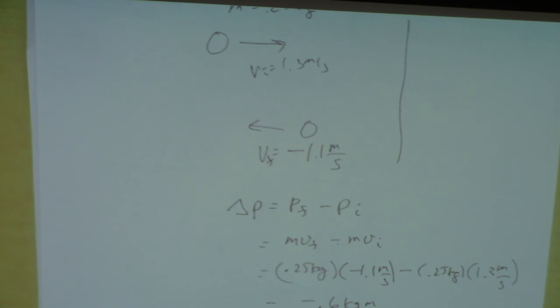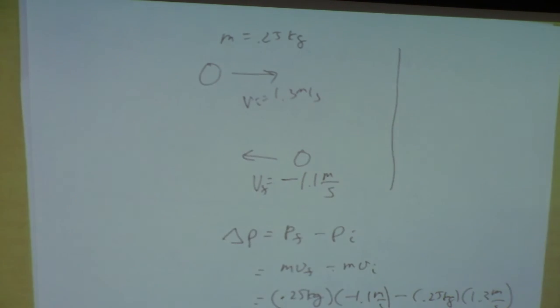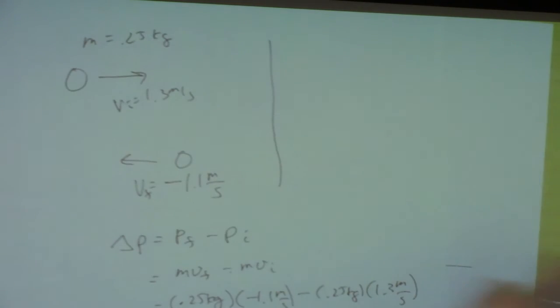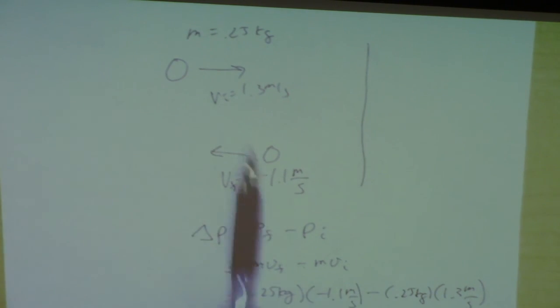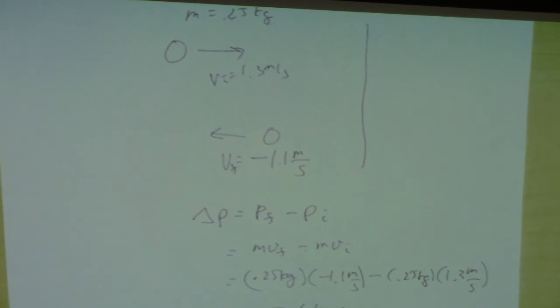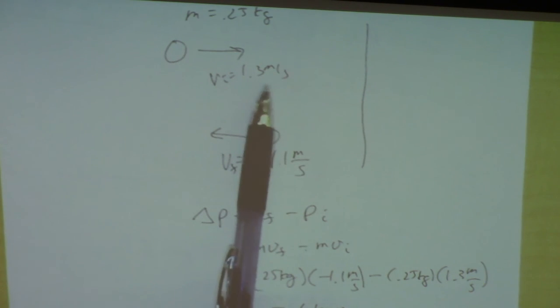So it's negative because the thing's changing direction. The ball was moving to the right, so the force must have been back to the left for it to move this way. What made it change its momentum? It was going one way, now it's going back the other way. Momentum, you have to put the direction because it's a vector.